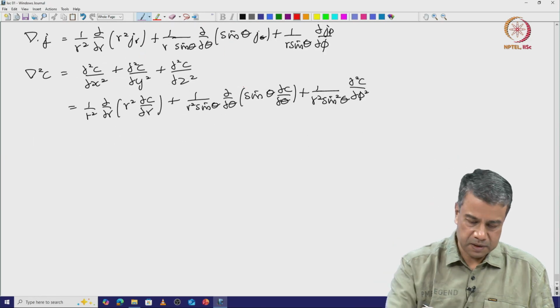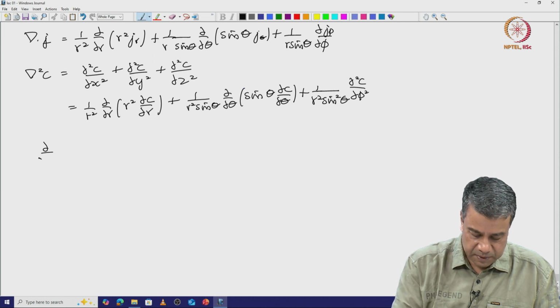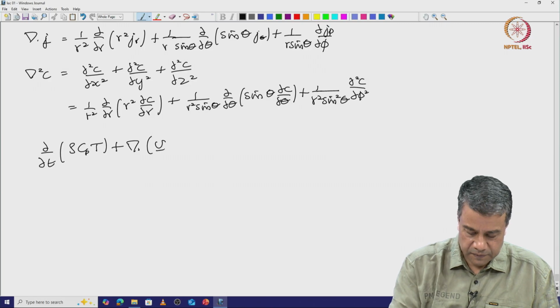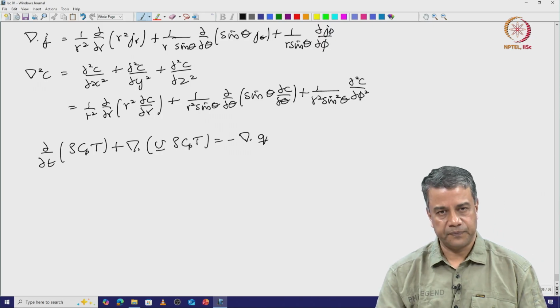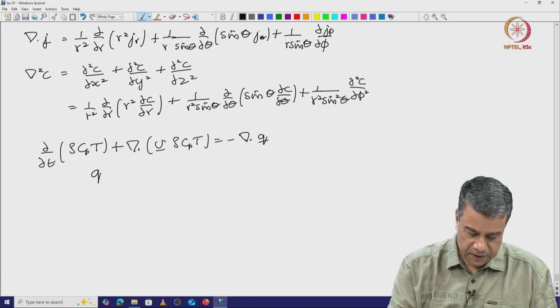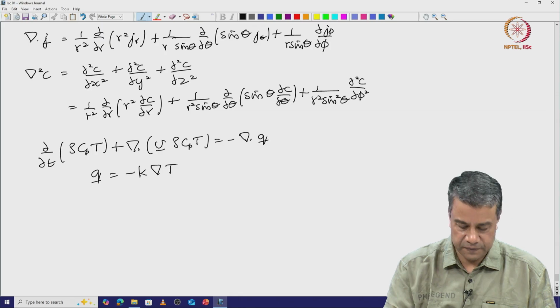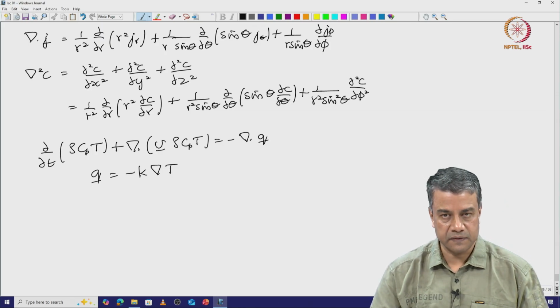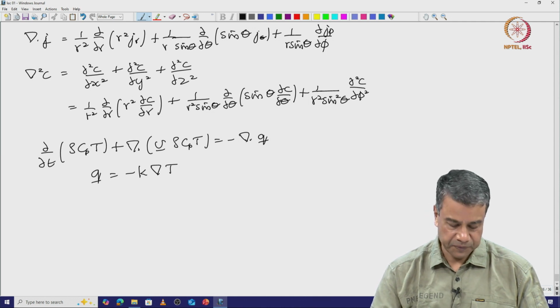The energy conservation equation has a very similar form: partial by partial t of rho Cp T plus the divergence of the velocity times rho Cp T is equal to minus the divergence of the heat flux vector, where the heat flux vector is defined as minus k times the gradient of the temperature field, just as the mass flux vector was defined as minus the diffusion coefficient times the gradient of the concentration field.